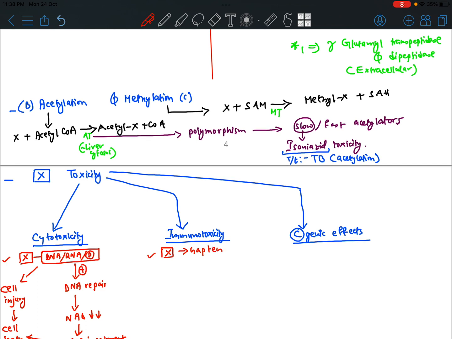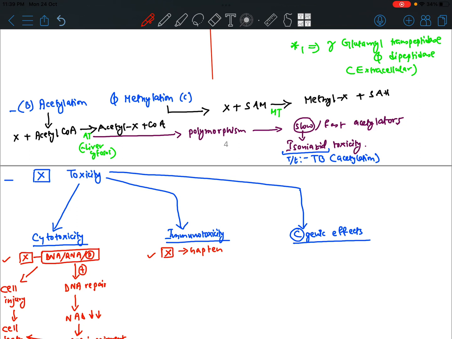A hapten is a small molecule which, when combined with a protein, can elicit the production of antibodies. It binds to a large carrier protein, and it elicits the production of antibodies which bind specifically to the protein. Sometimes it doesn't, then the problem happens.